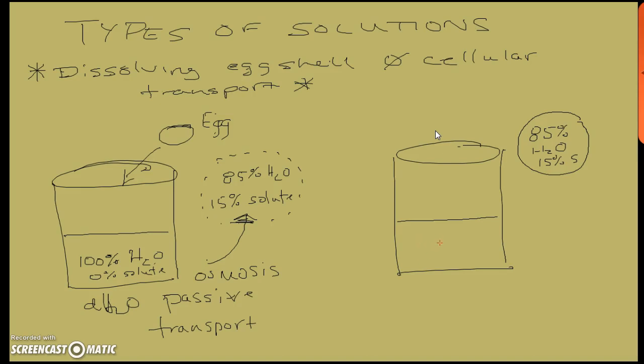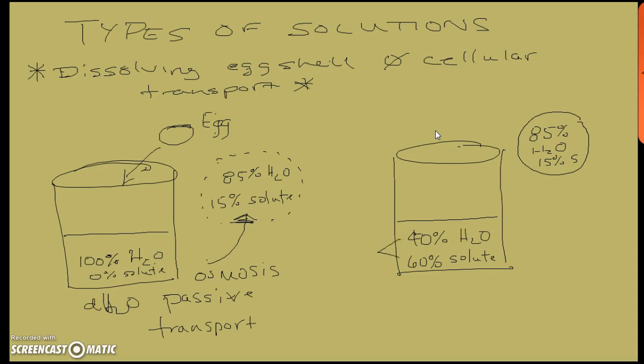And it is a solution though, it's still a solution. And so we could assume that anywhere between 40% water and 60% dissolved sugars, or solute. Okay, and those numbers, those are hypothetical.